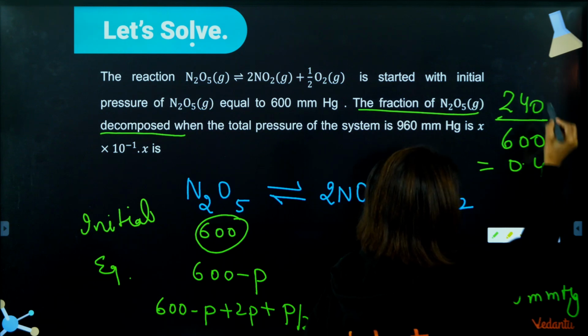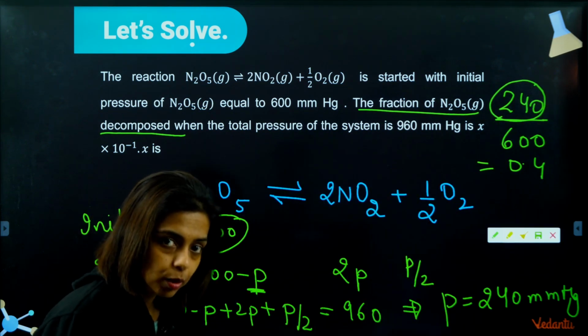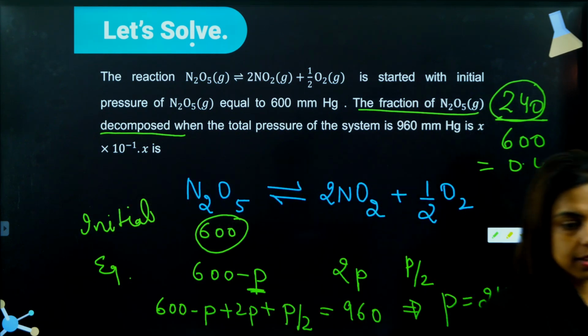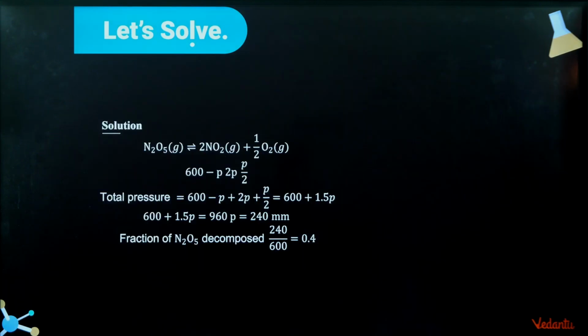Point. तो ये कितना प्रेशर कम हो गया है? प्रेशर जितना कम हुआ उतना मतलब वो डिकम्पोज किया है टू अटेन द इक्विलिब्रियम. So this divided by the initial pressure, that is the answer, guys. Yes, of course. So you'll mark your answer as O. Got it? Okay.